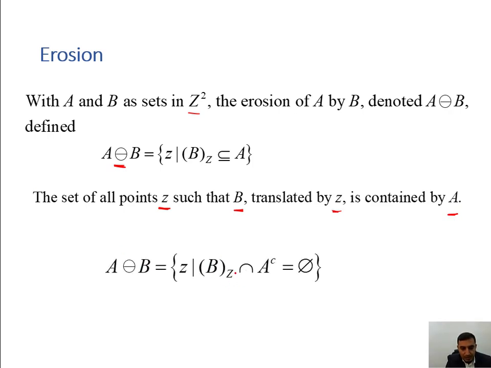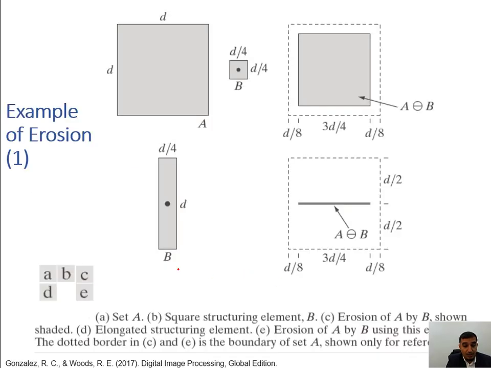So it's like the intersection of BZ with A complement is equal to phi, which is an empty set.